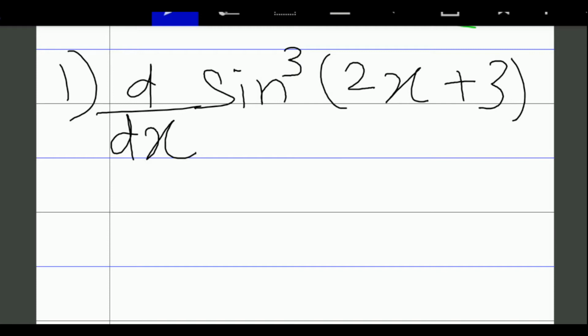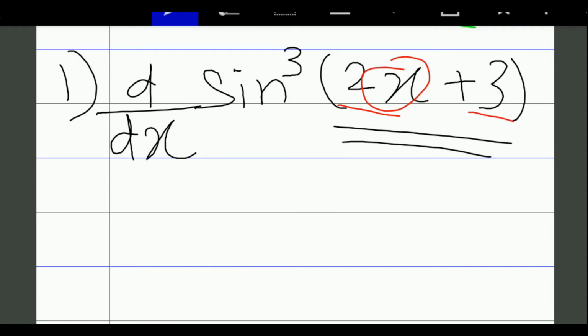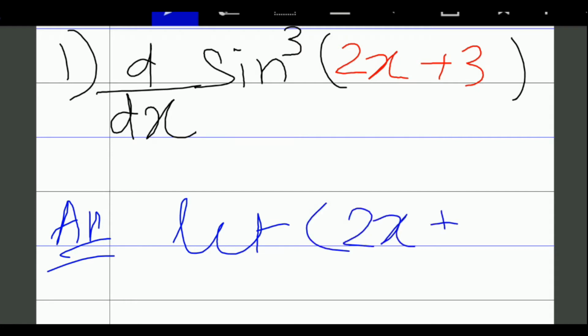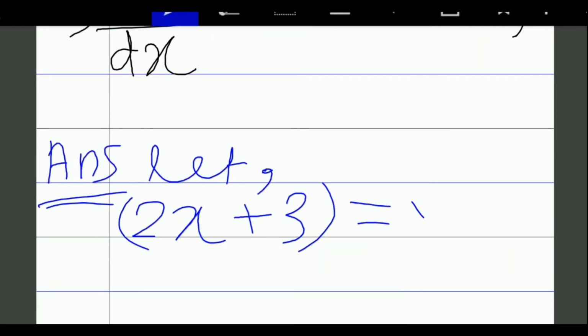As you see here, x is getting multiplied with 2 and added with 3. So the answer would be, let 2x plus 3 is equal to y.